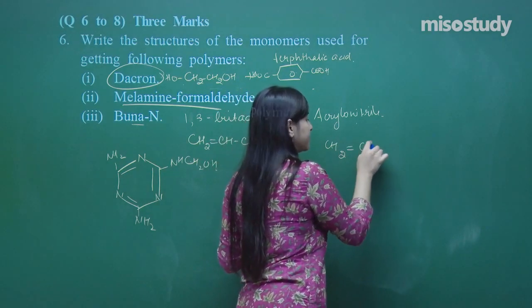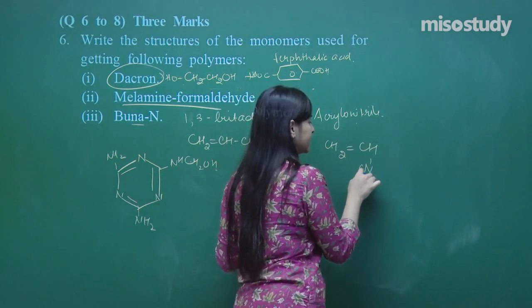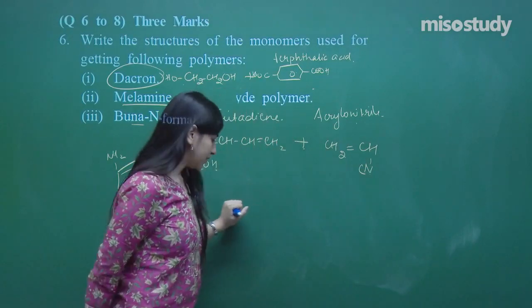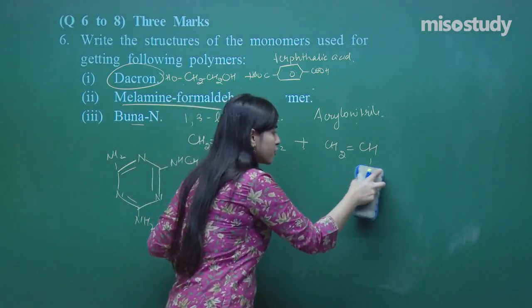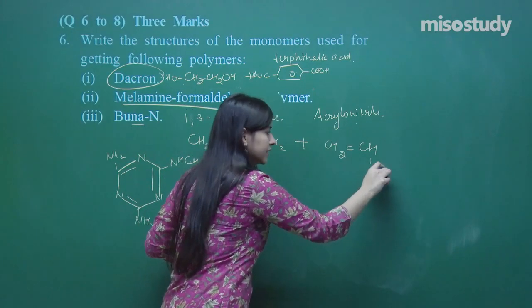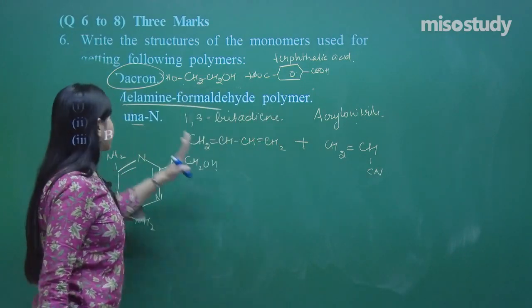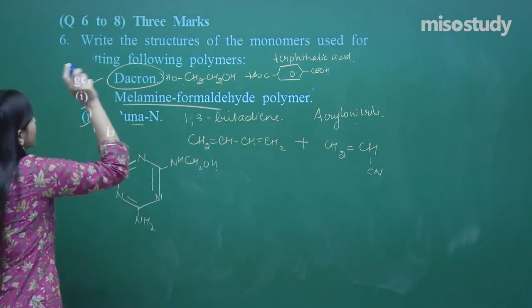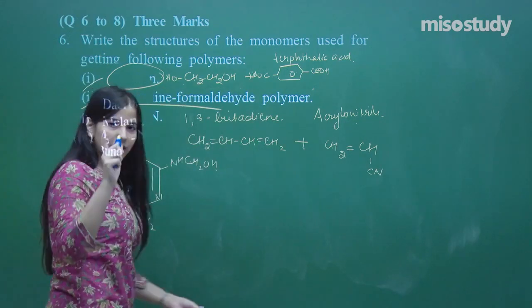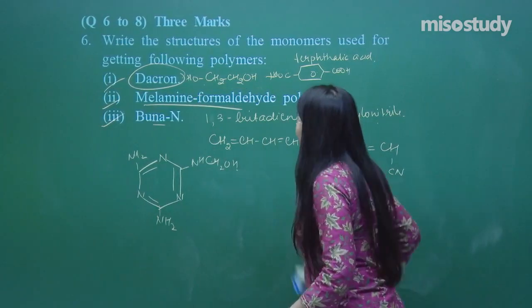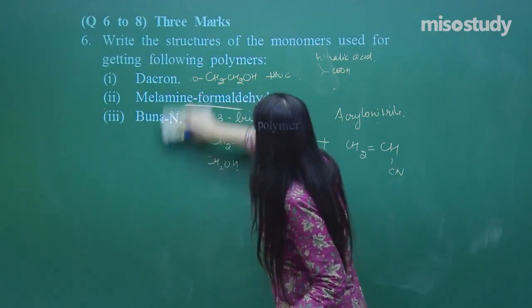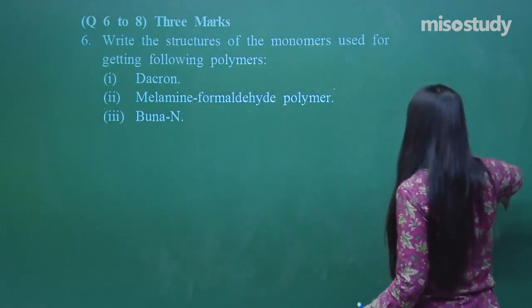So it's like this, CN. Fine? Okay. Here the attachment would be not through the N but the CN. Clear about it? So these are the monomers. All the 3 parts done, 3 marks full I've got, right? I hope everybody has got full 3 marks here in this question.